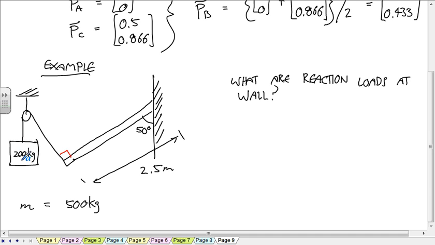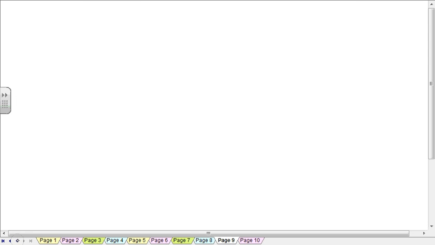The weight of this is 1962 newtons, and so that's the tension in the cable, and that's the end of it. That wouldn't be true if this was dynamics. And so I think the fact that you can take those shortcuts leads you down a bad path. So, anyways, I'm going to draw it out.